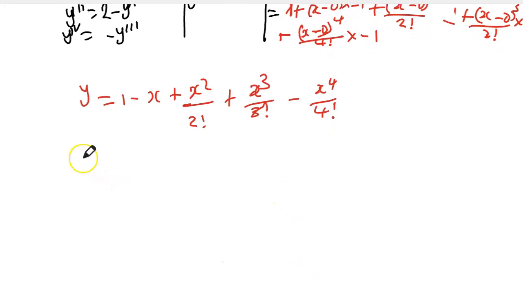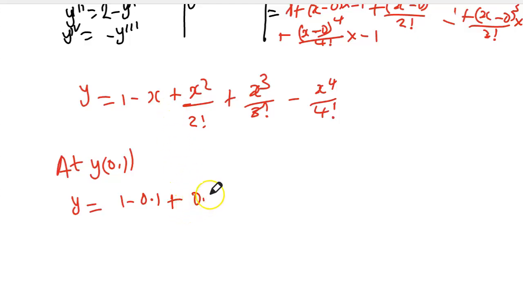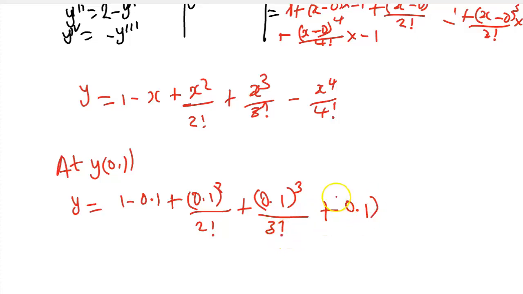At 0.1, I will simply have y equals 1 minus 0.1, plus 0.1 squared divided by 2 factorial, plus 0.1 cubed divided by 3 factorial, plus 0.1 to the power 4 divided by 4 factorial.